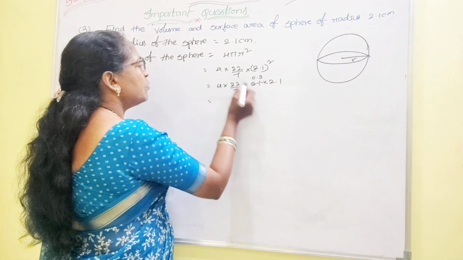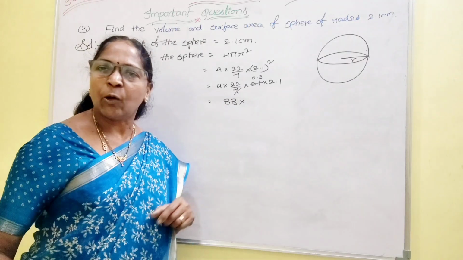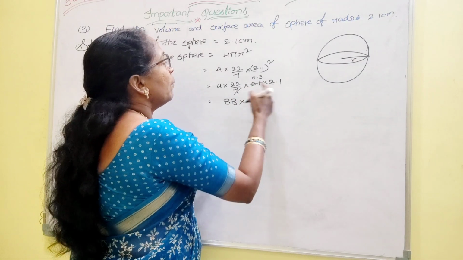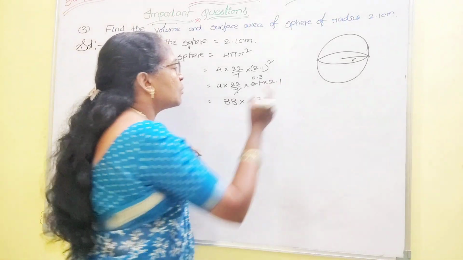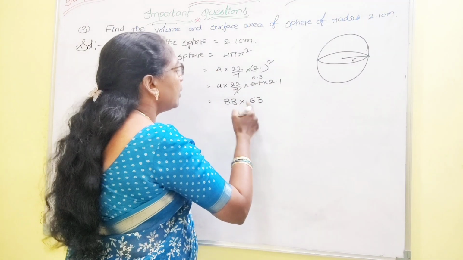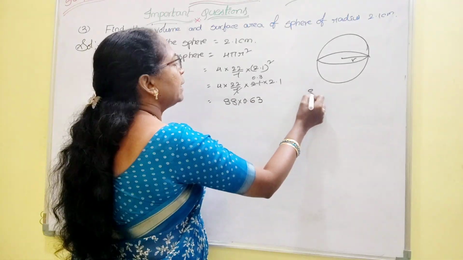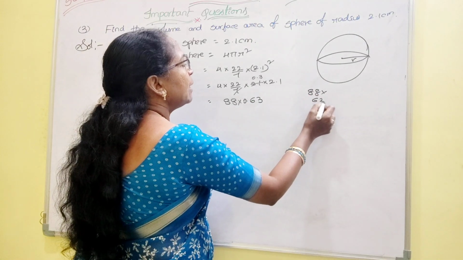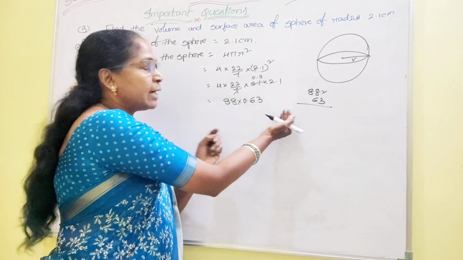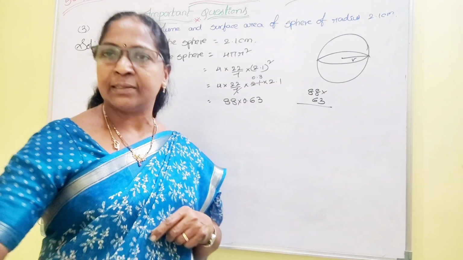Now multiply: 4 twenty-twos are 88, multiplication of 21 threes, 3 ones are 3, 3 twos are 6, 63. But here there is one digit after the point, and here also one digit after the point. Total 2 digits are there. You count 2 digits and keep the decimal point. Now multiply 88 into 63, write the value, and from the right side of the answer count 2 digits and keep the decimal point.